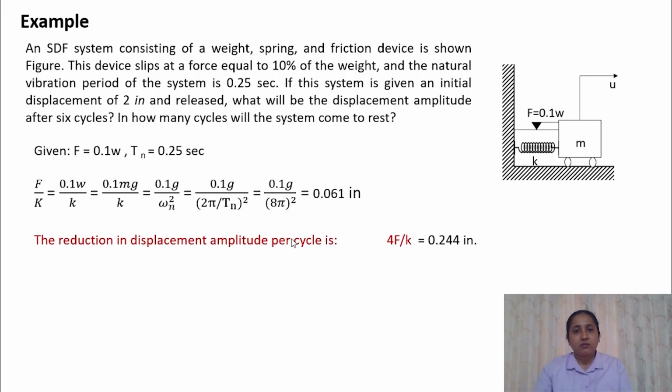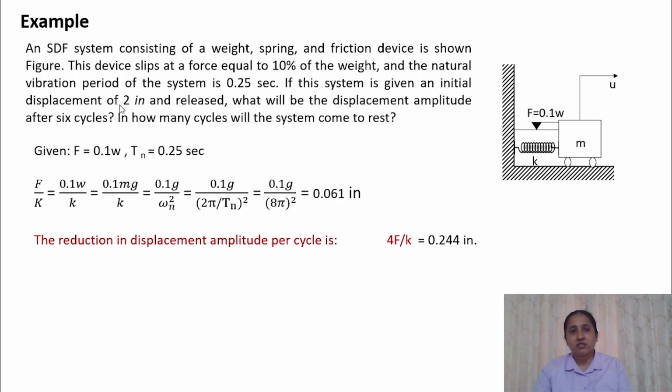We have learned in the theory that the reduction in displacement amplitude per cycle is 4F/k. F/k is this much, so 4F/k is this multiplied by 4, which is 0.244 inches. Now we can calculate the first question, the displacement amplitude after 6 cycles.